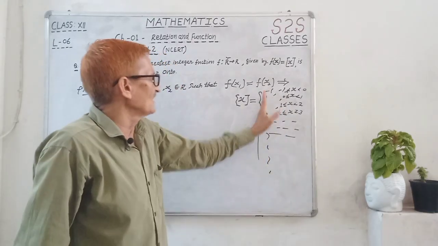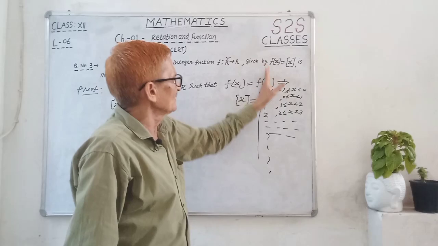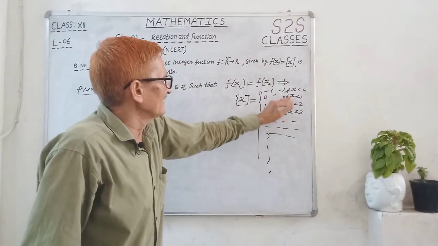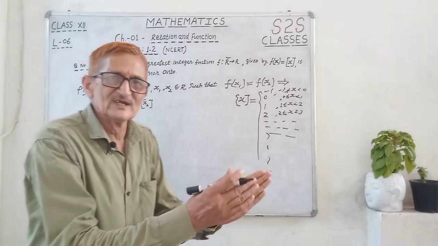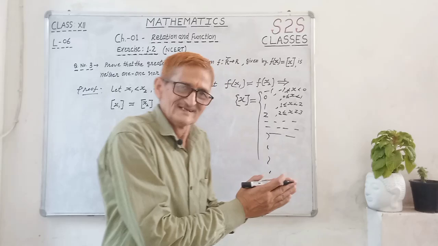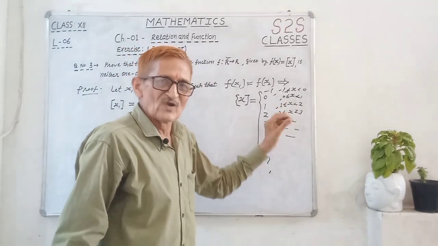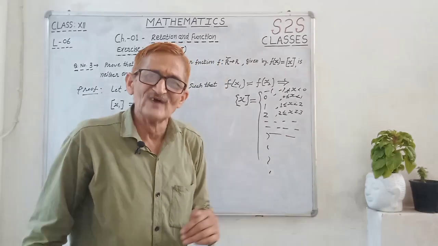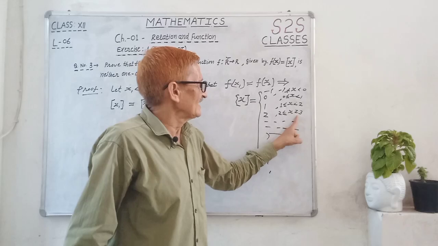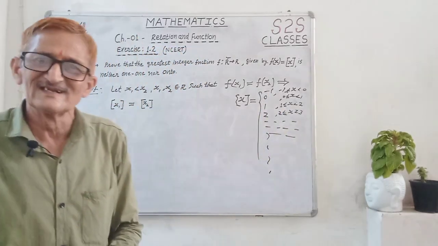The outputs are all integers: 0, minus 1, minus 2, minus 3, minus 4, and 1, 2, 3, 4, 5, 6, like this, and so on. If the input is between two integers, the output is the lowest integer, equal at the lowest and less than at the upper end: from 0 to less than 1, from 1 to less than 2, from 2 to less than 3. This is the definition of the greatest integer function, from plus 1.